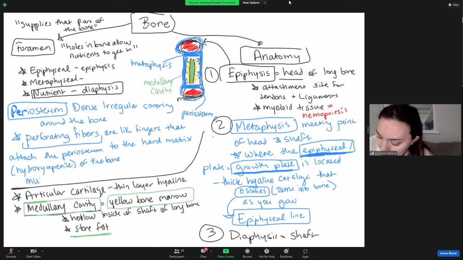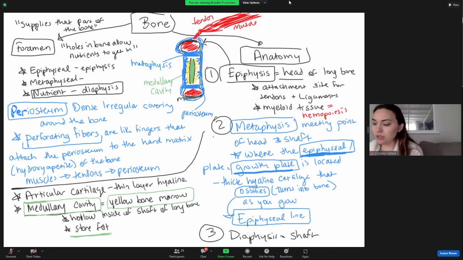So muscles will attach to tendons, right? Tendons actually bury themselves into the periosteum using these perforating fibers. So that's kind of an important topic to know for the test, right? If you have a muscle up here, a muscle is then going to join and become a tendon. So a muscle, a tendon, and then it's going to attach into that periosteum. Okay.